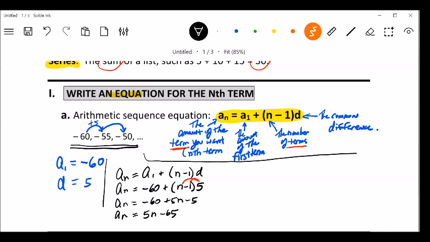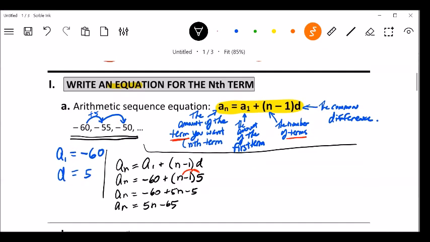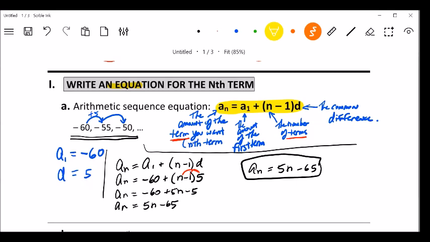Okay. So that's what, in fact, I will put up here. An equals 5n minus 65. I will box that here. So that's the equation following the format and simplified.